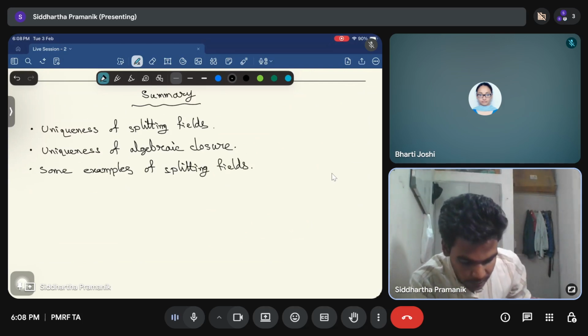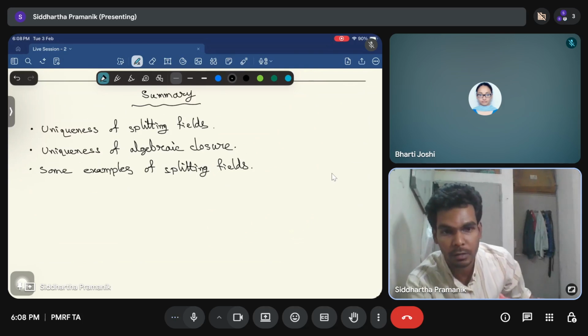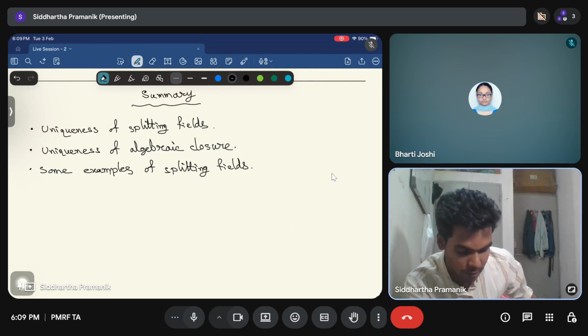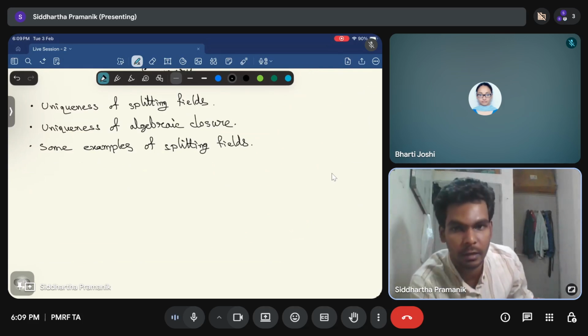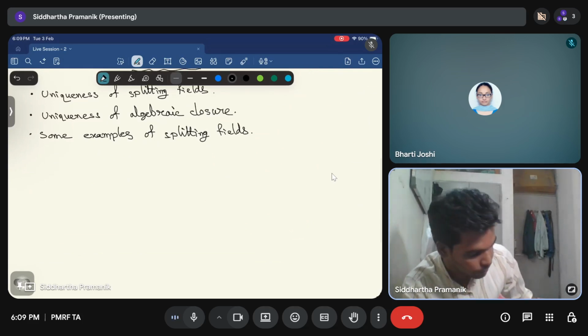We will see later that splitting fields are important because they give a characterization of normal extensions, and Galois extensions are particularly one kind of normal extension.